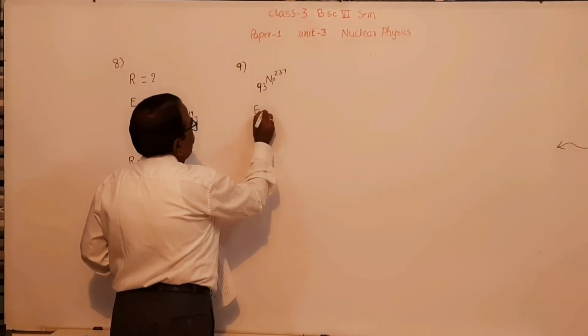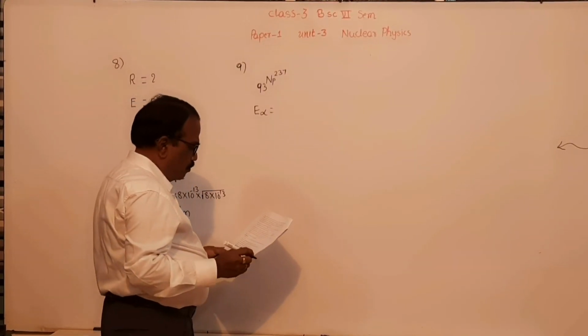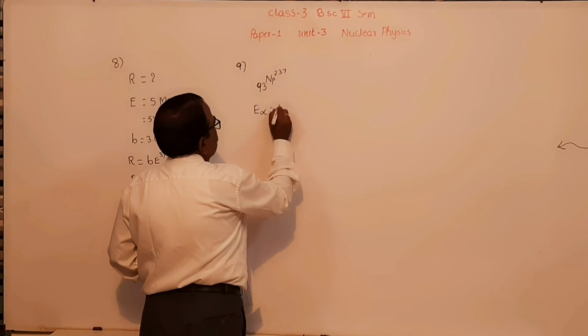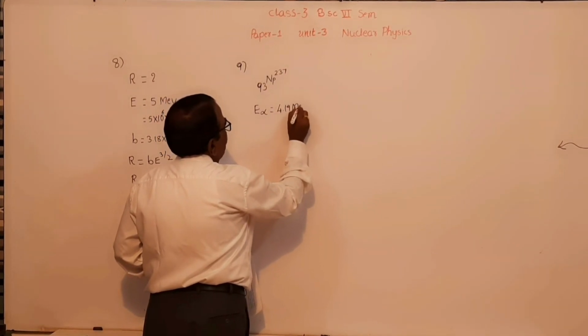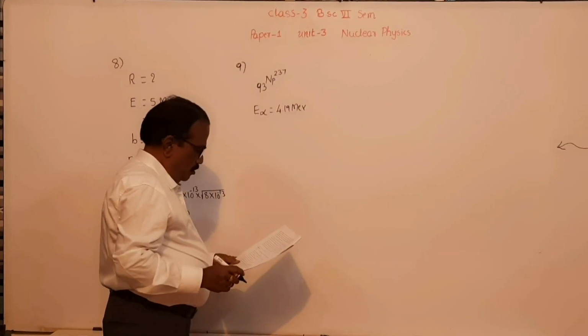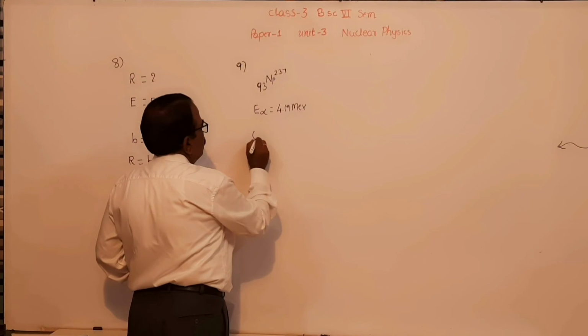That means E alpha is given. This E alpha is 4.19 mega electron volts. Calculate the alpha disintegration energy.